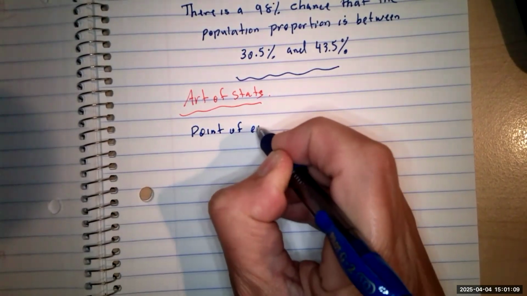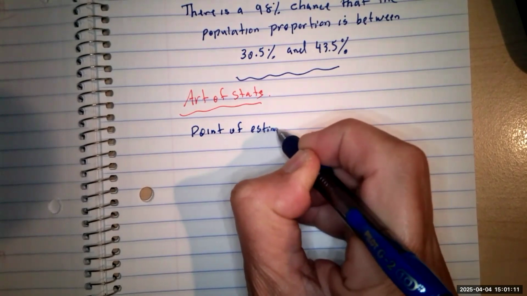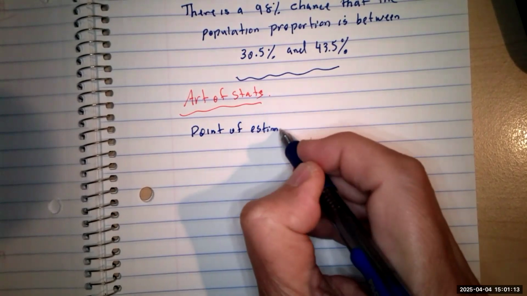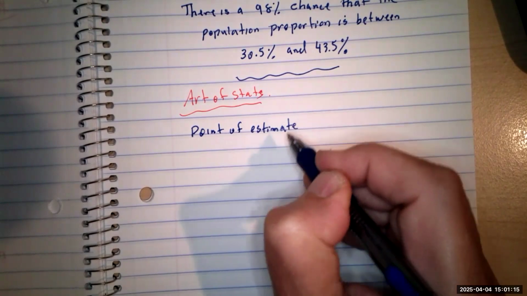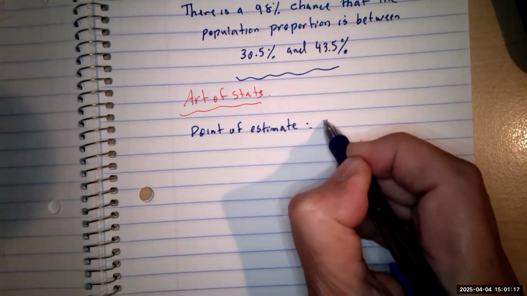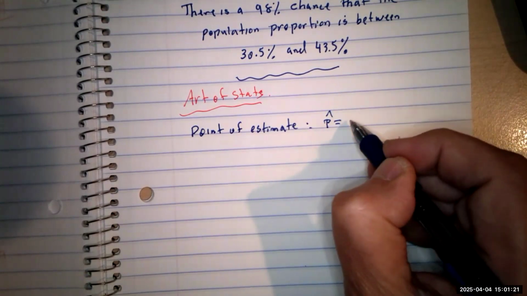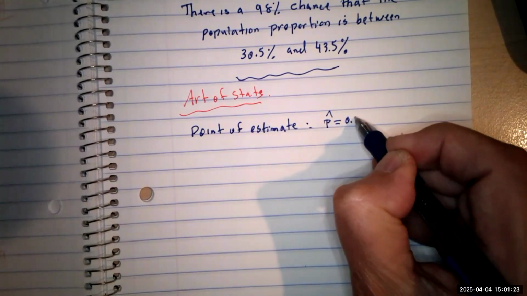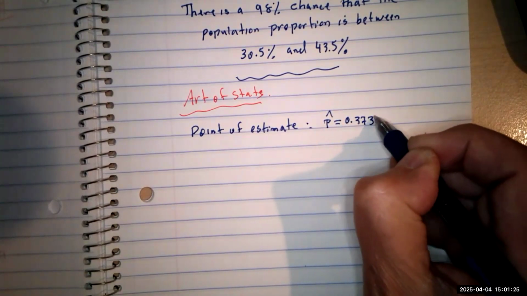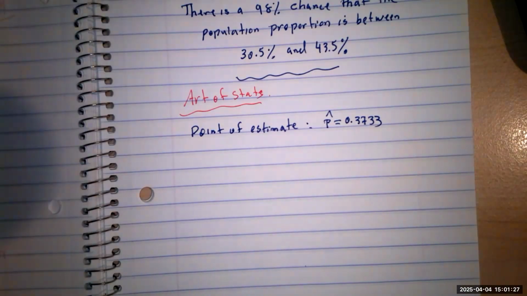This is the one that we estimated with. It's the tool. The point of estimate is p hat. You have to tell us that the p hat from this application is 0.3733. That's the point of estimation.